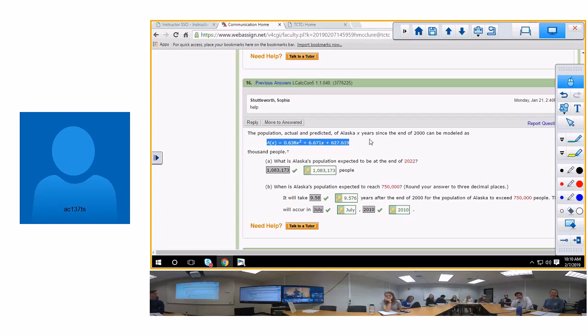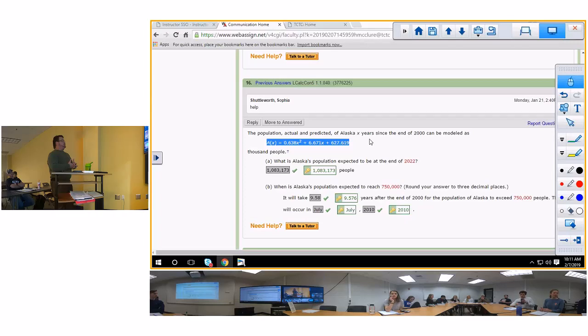The quadratic formula is used for certain things. The calculator is used for certain things. If those two cannot be used, then you use complete the square. And if you have a simple problem, then you go back to factoring, reverse FOIL.